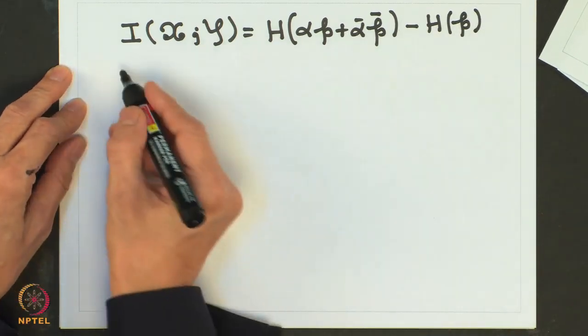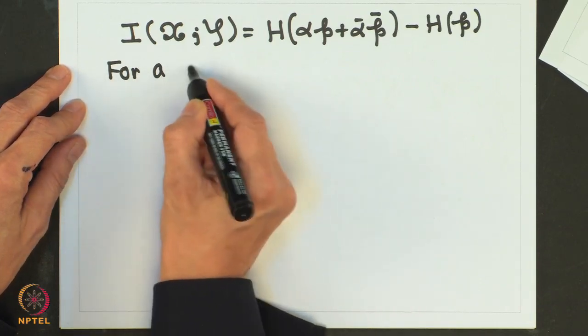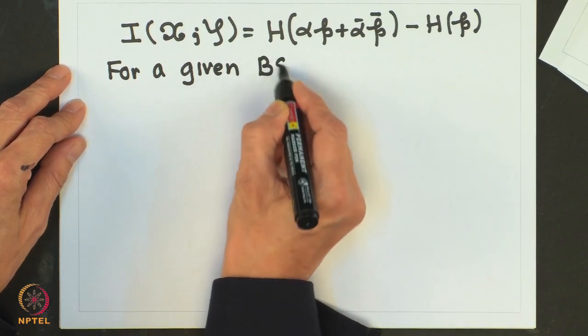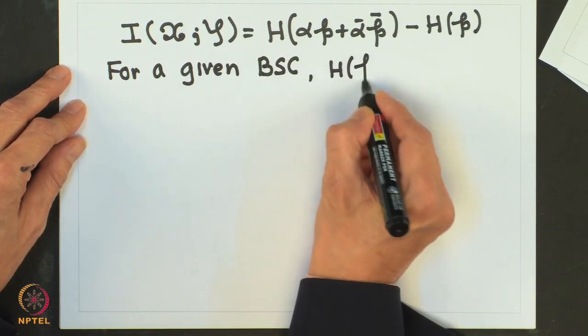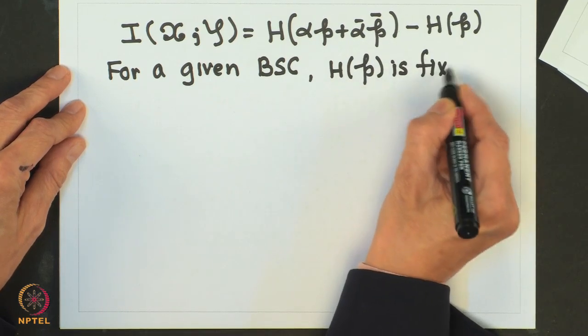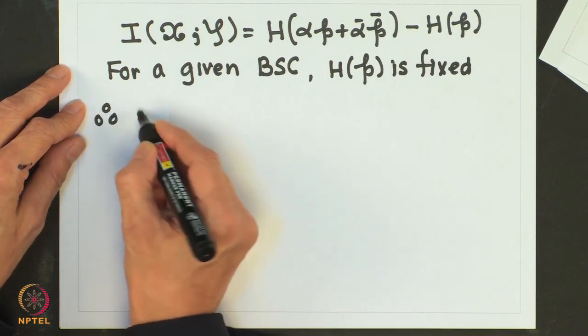Now, remember, for a given binary symmetric channel, H(p) is fixed.